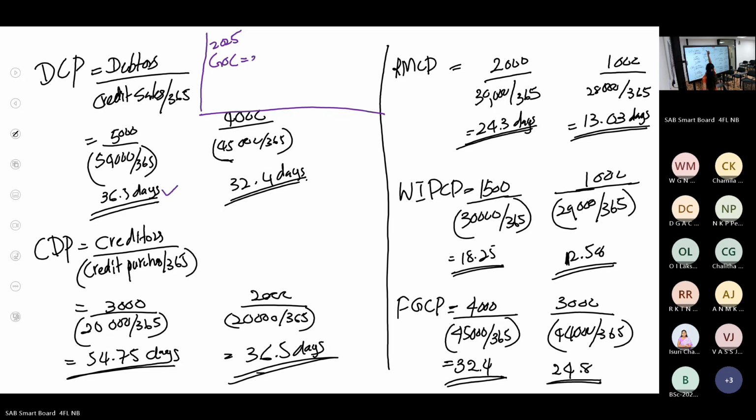GOC for 2025: 36.5 plus 24.3 plus 18.25 plus 32.4.